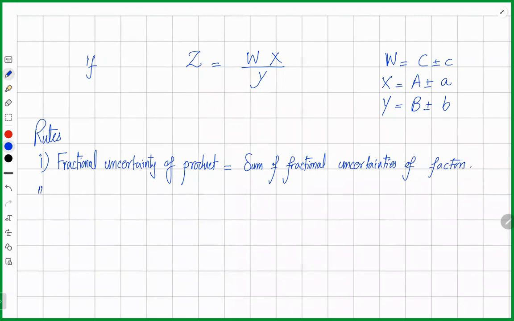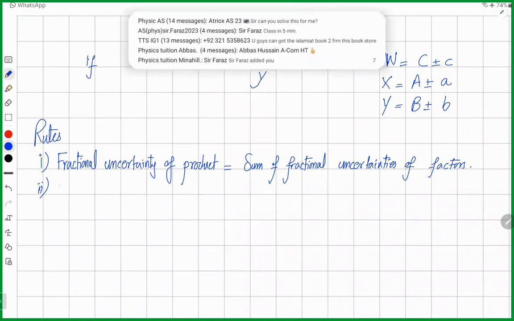And the same rule can be extended to percent, because percentage and fractional uncertainties are the same. Every fractional uncertainty is multiplied by 100, so they change in the same ratio.